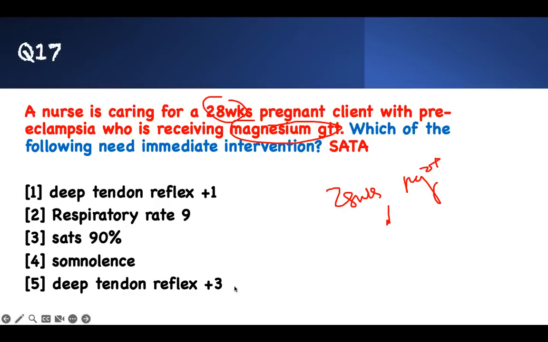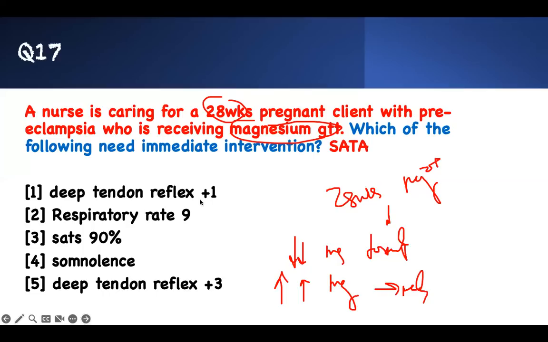When you're on it, you have to monitor it. If everything goes too far down, you have magnesium toxicity. If things are going up despite being on magnesium, it means the medication is not working, or you have to go up on the medication.